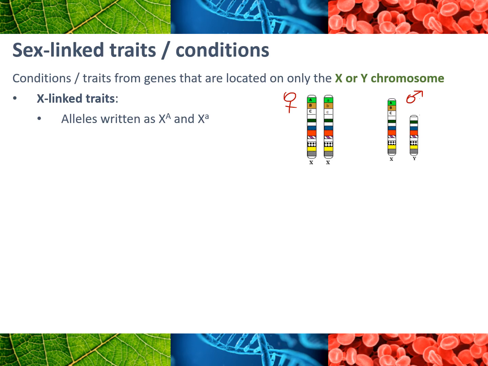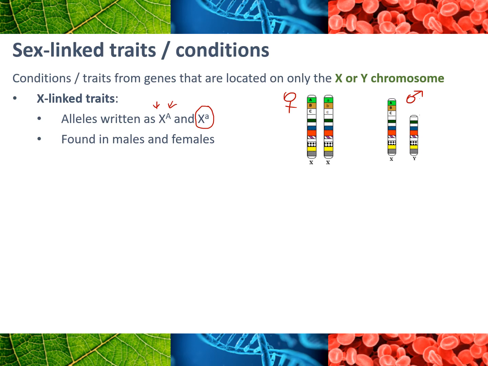We do write the alleles with a little superscript because there could be an X or a Y. We need to include that as well as including the allele. Similar to how we have included alleles for codominant traits and some of the multi-allelic traits, we use this kind of writing.